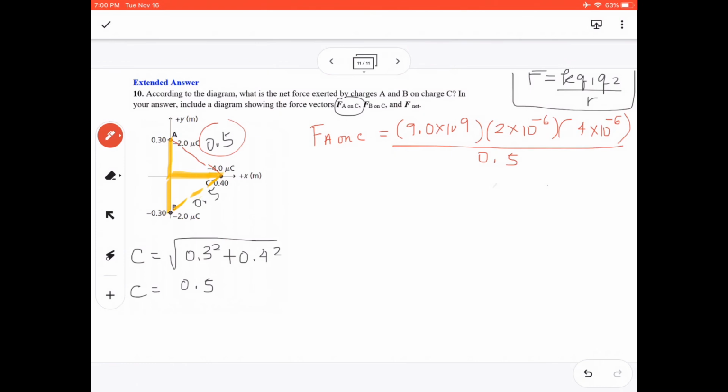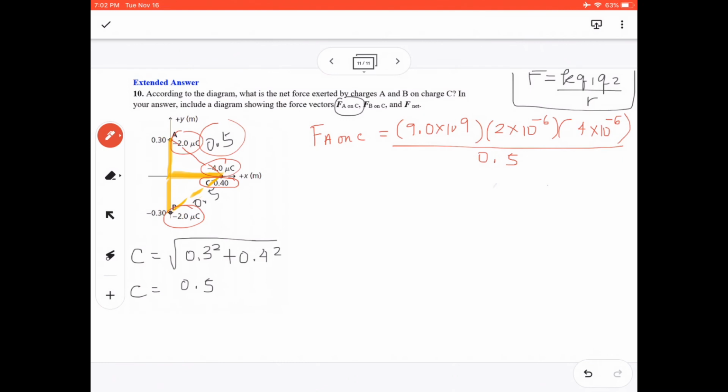Now, looking at our given, this is also negative 2.0. They are similar, and of course it will be directed to the same charge, which is negative 4.0 microcoulomb.